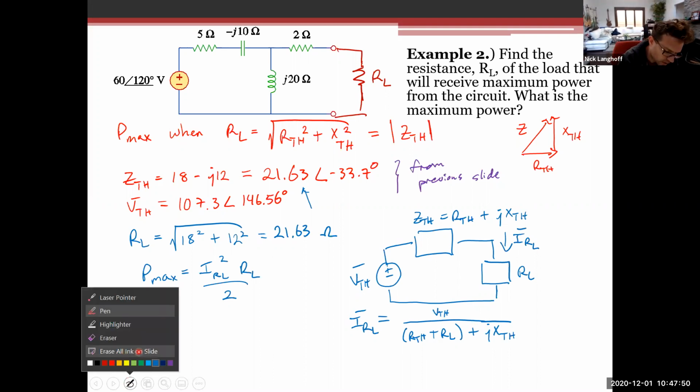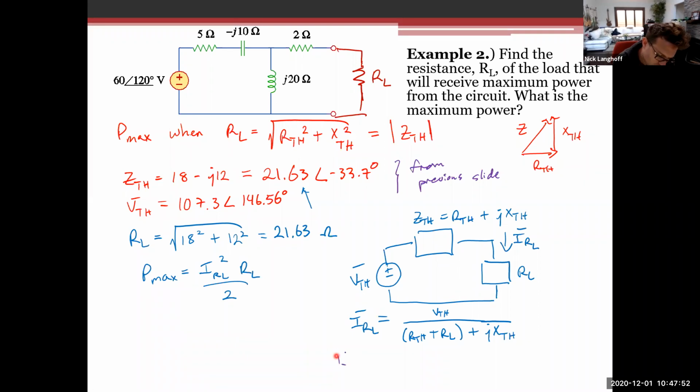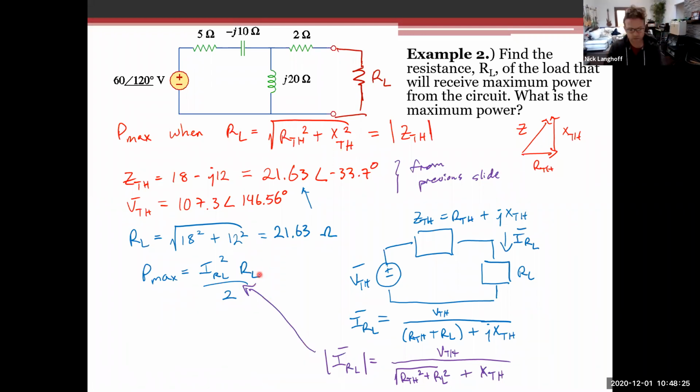So the magnitude of the phasor I RL is V Thevenin over the square root of R Thevenin plus RL, squared, plus X Thevenin squared. Once you have that, you can plug this into P max and solve for the maximum power.